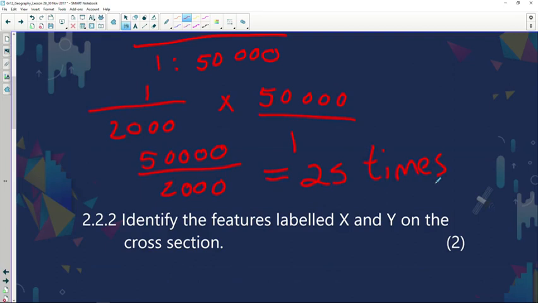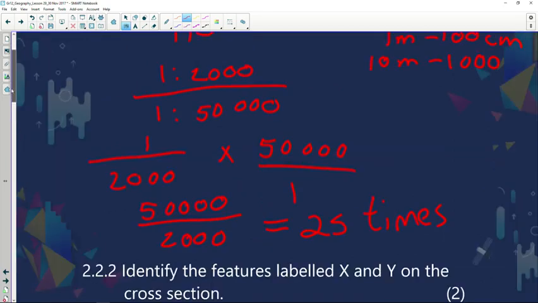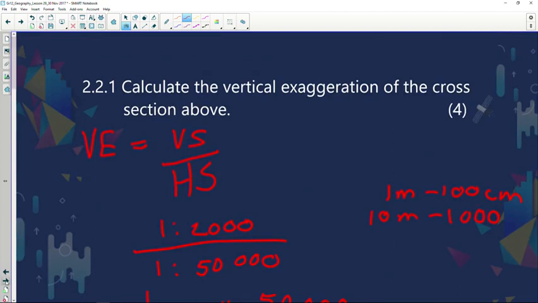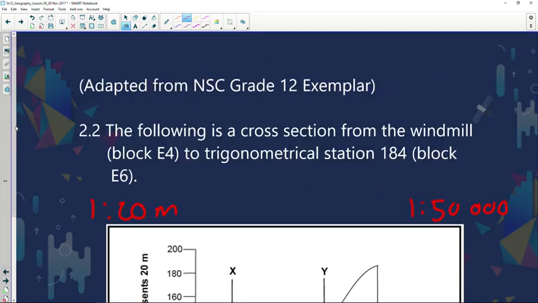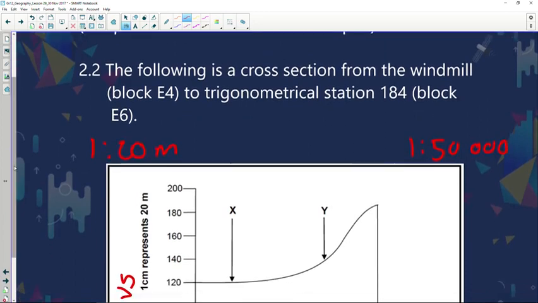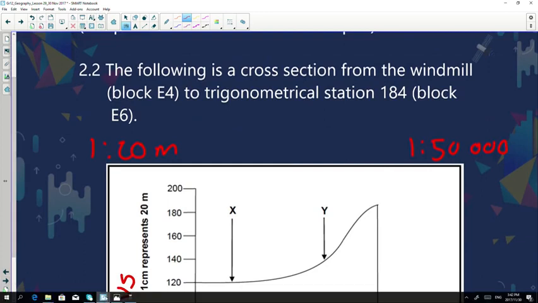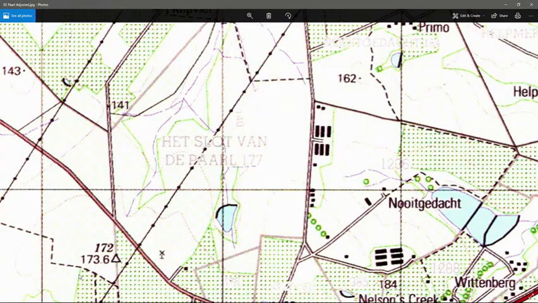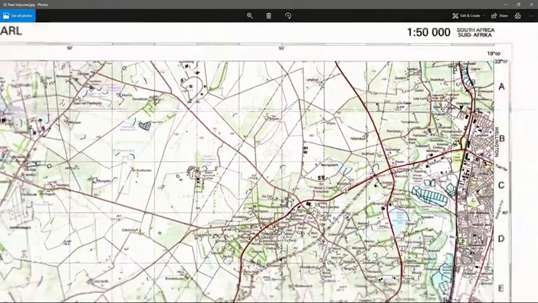Now identify the feature labeled X and Y on the cross section. So basically, the cross section has been drawn from the tree station 184 in E6 to the windmill in E4. Now let's just quickly have a look if you can find it. E4 to E6.